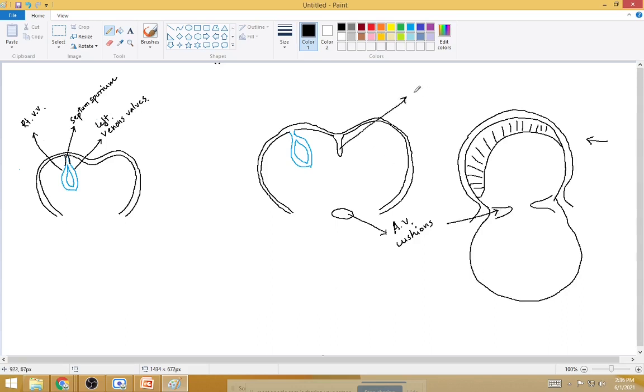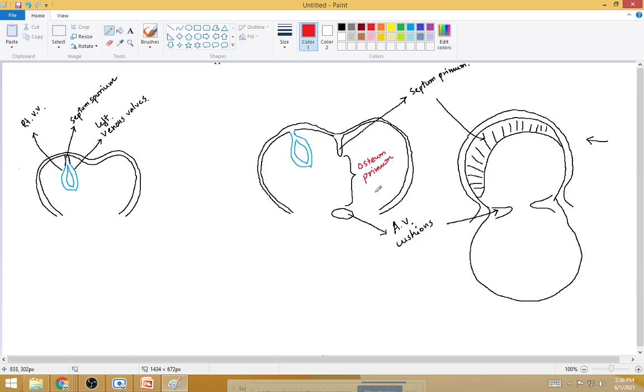The first septum is the septum primum. Okay, so this is the septum primum. What is the shape? Crescentic shape. So there is a gap now in between the septum primum and the AV cushion. This gap is known as the ostium primum.